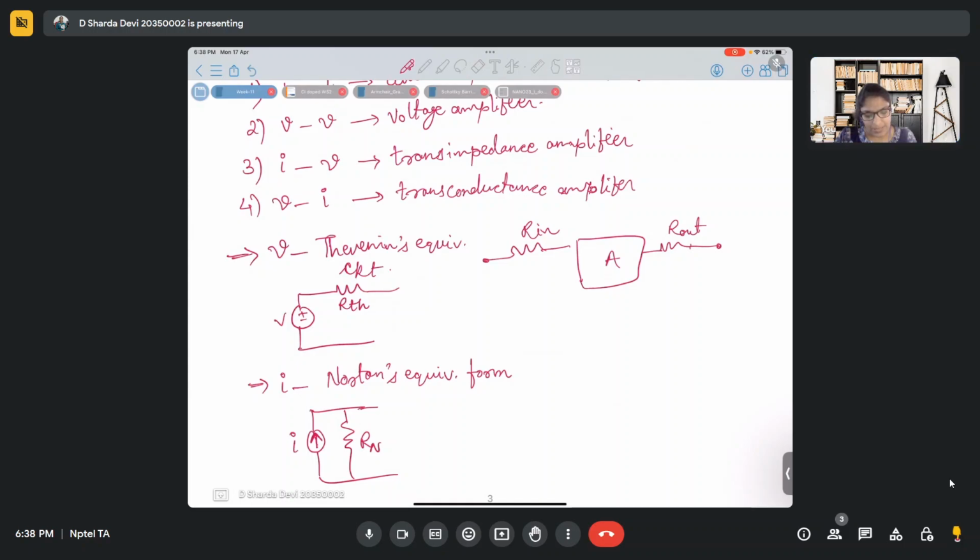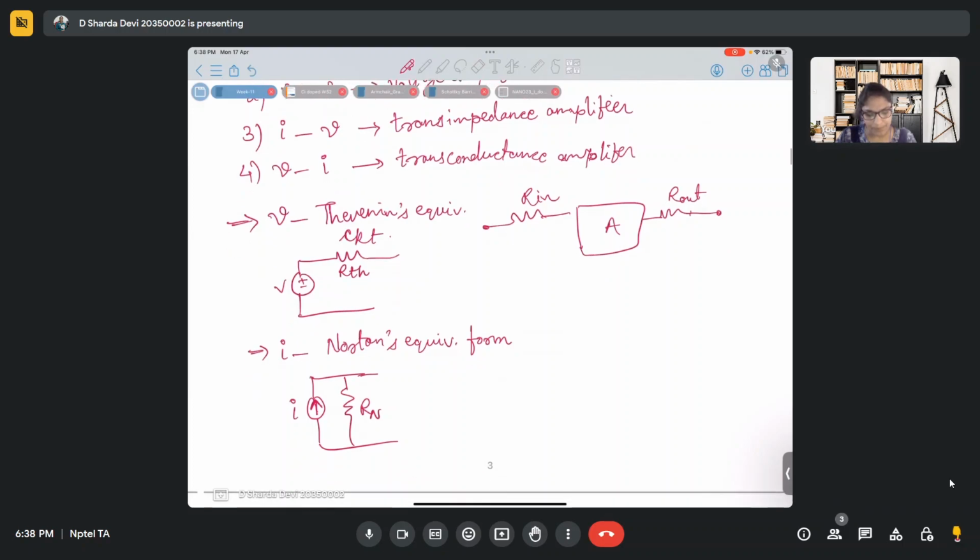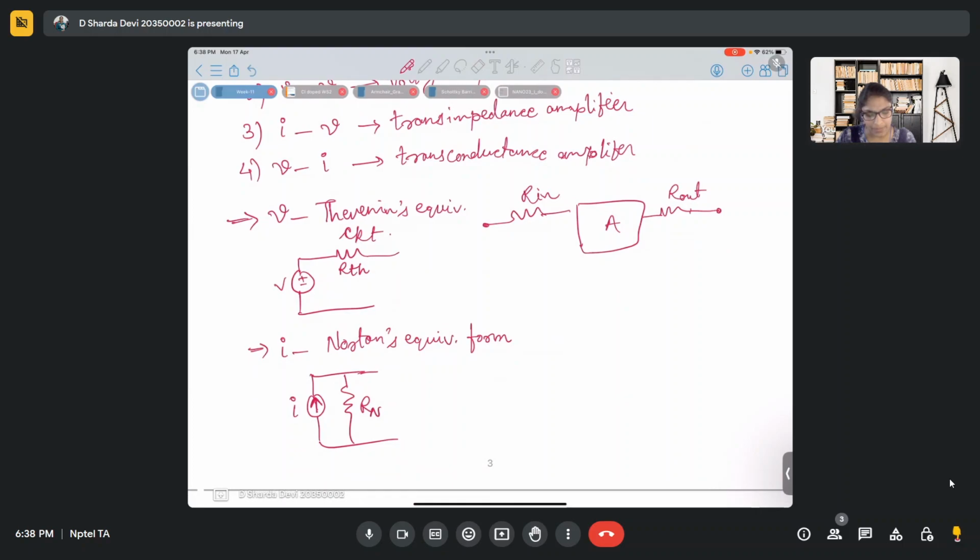I understand the voltage part because we have to get the appropriate voltage drop to give the appropriate input to the circuit. But what about current? Why do we need that? If you observe very carefully, these both are almost interchangeable.